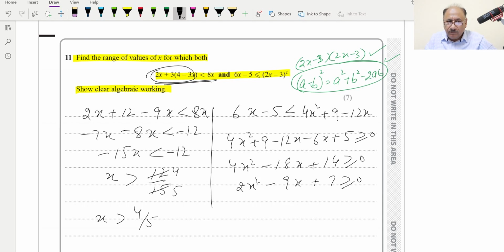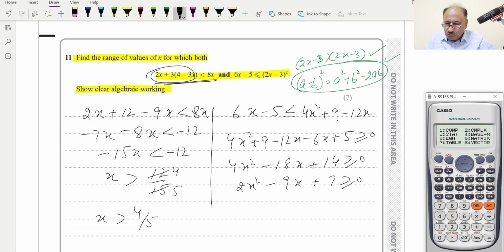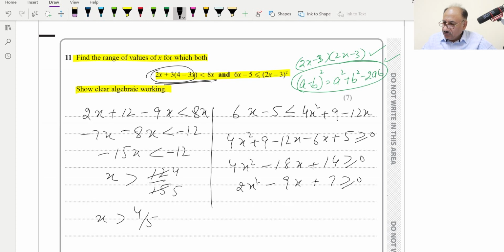And we can factorize this. The coefficient of x squared is 2, the coefficient of x is minus 9, and the constant value is 7, so this will be 7 by 2 and 1. So 7 by 2 and 1, values change sign and utilize, so it will be x minus 1, and the other will be 2x minus 7.